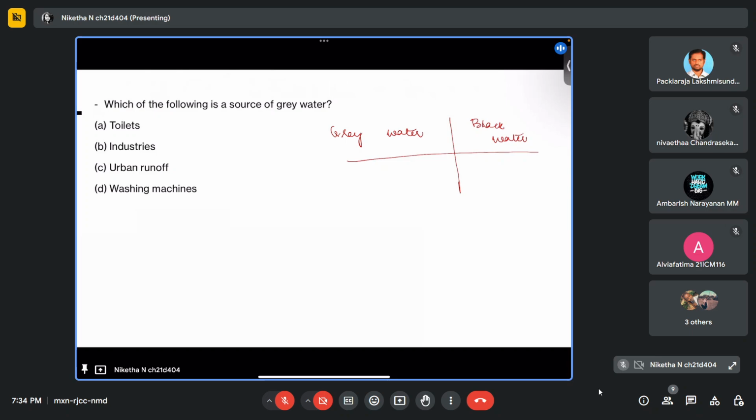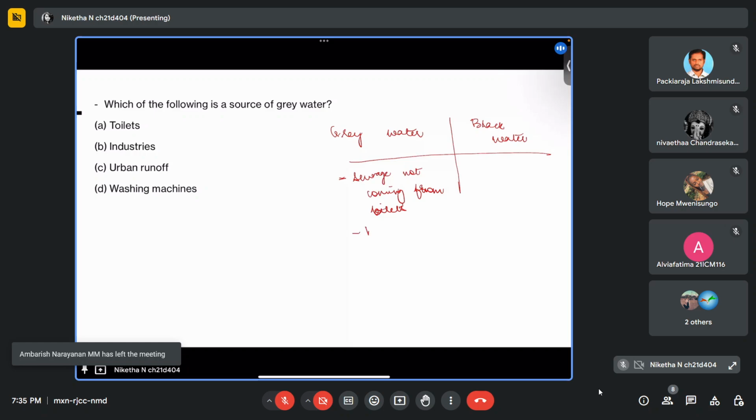Grey water refers to sewage that is not coming from toilets. So this will include washing machine water or maybe the water coming from sinks, etc. All this will come under grey water. Black water will include the water that is mixed with feces that is coming from toilets.